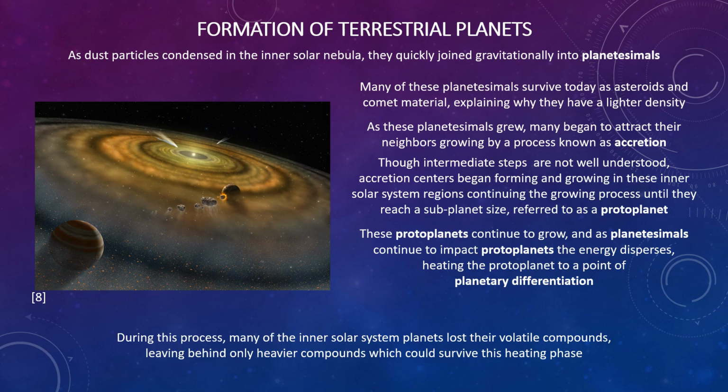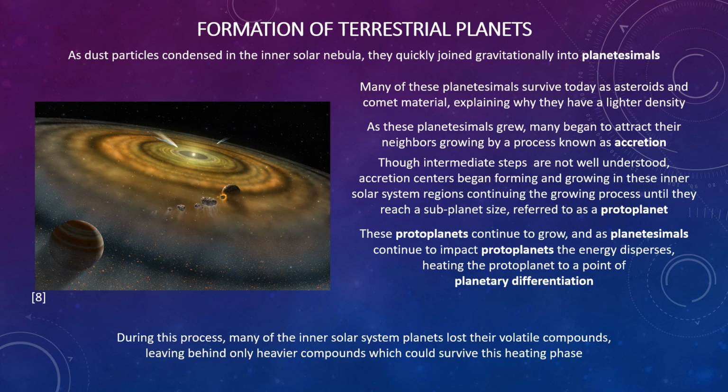As planetesimals grew and got larger, some of them began to attract their neighbors in a process known as accretion. And so there are some intermediate steps that aren't very well understood. Eventually, these accretion centers began forming and growing larger in the inner solar system by the process of accreting more material until they grew to a subplanet size referred to as a protoplanet.